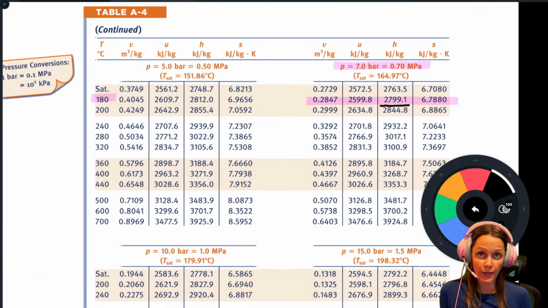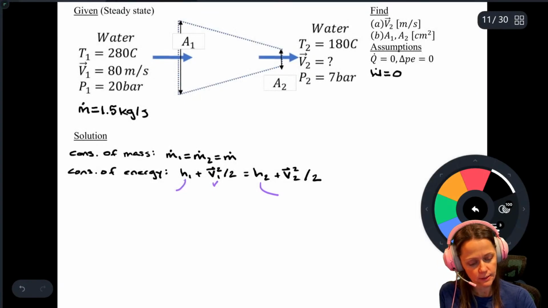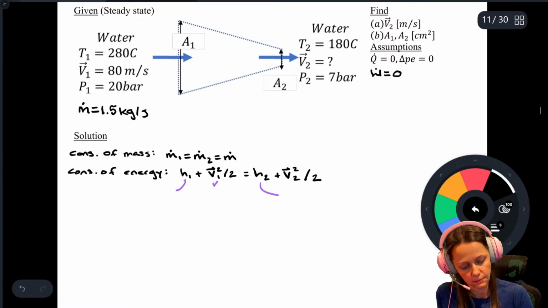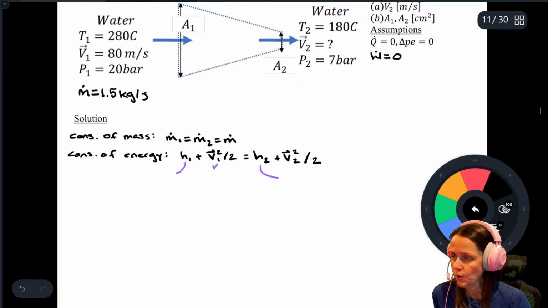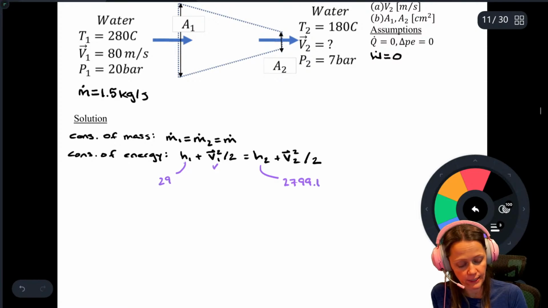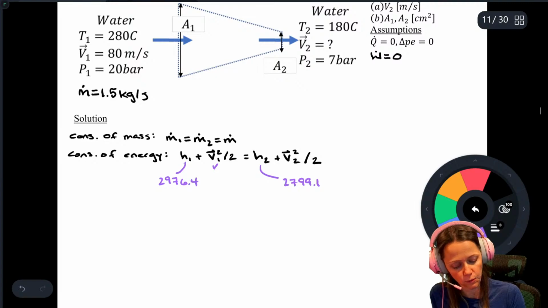So I'm going to go ahead and write that on my work here. So h2 is 2799.1 and h1 is 2976.4, and both of those are kilojoules per kilogram.